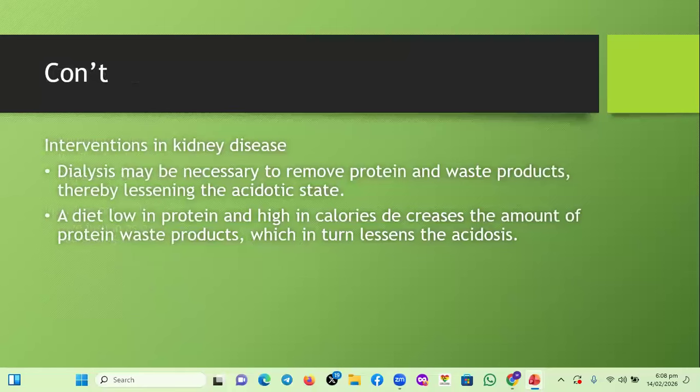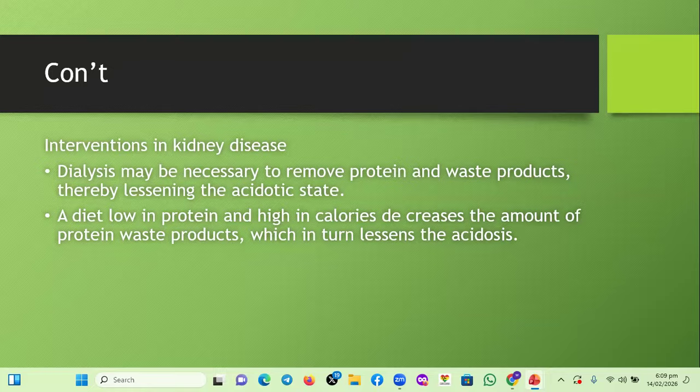If the problem is a result of the kidney, okay, if it is a kidney problem, that means that the kidneys are not working adequately to get rid of the waste products. So you have to perform dialysis, and then the waste products will come out. Then the client will need to take in a low protein, high calorie diet to decrease the amount of protein waste, because we said that after metabolism of protein, the end product is what?